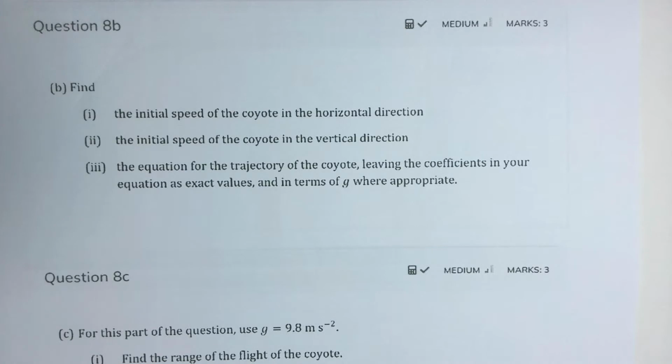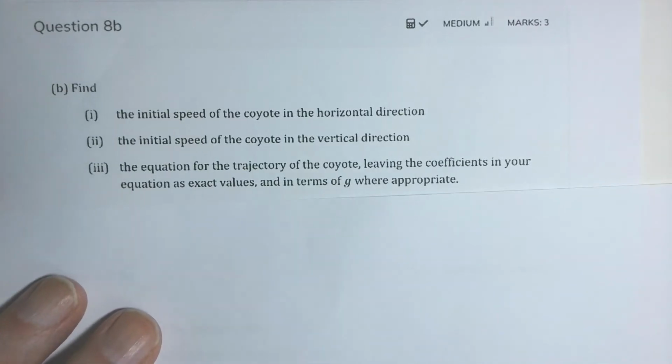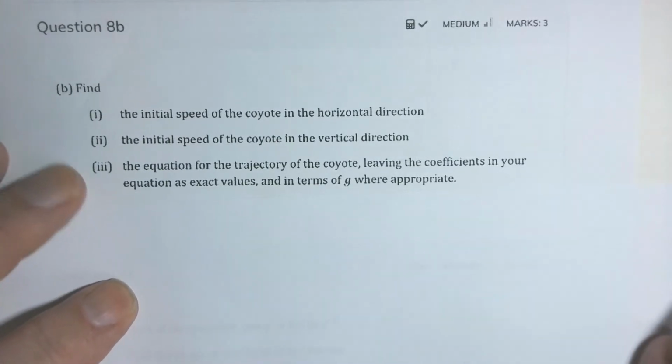Right, so the next part is we've got to find the initial speed of the coyote in the horizontal and vertical directions.